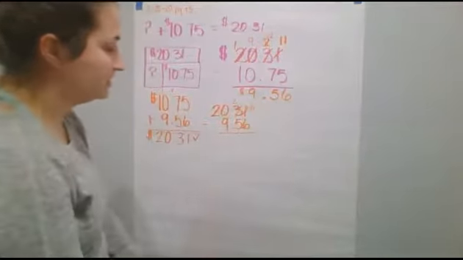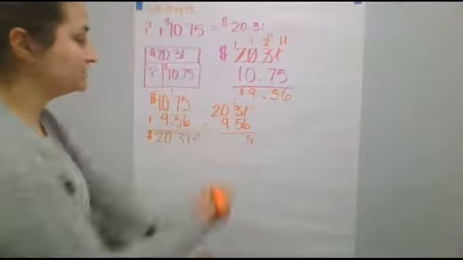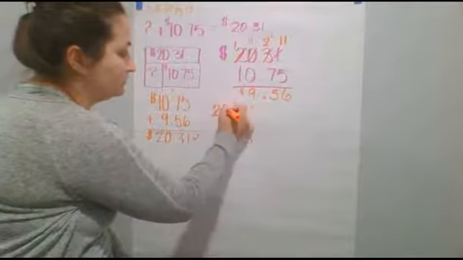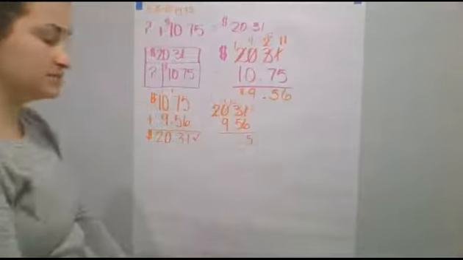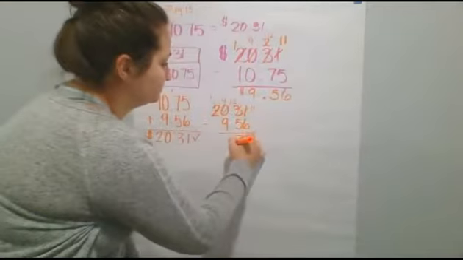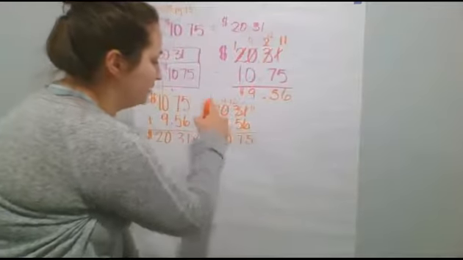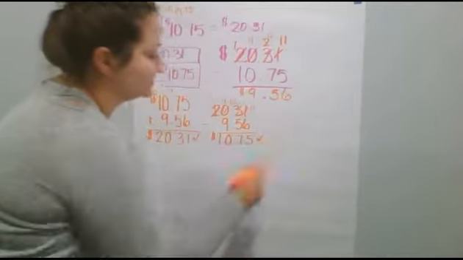This becomes 11. 11 minus 6 is 5. I can't do 2 minus 5, so this 2 becomes a 1, this 0 becomes a 9, and this 2 becomes a 12. 12 minus 5 is 7. 9 minus 9 is 0. And then 1. So again, we are correct.